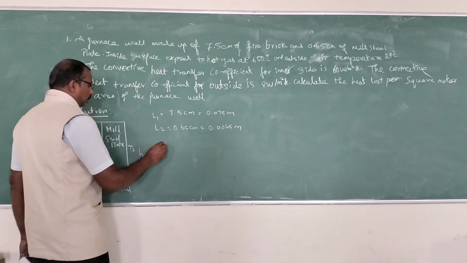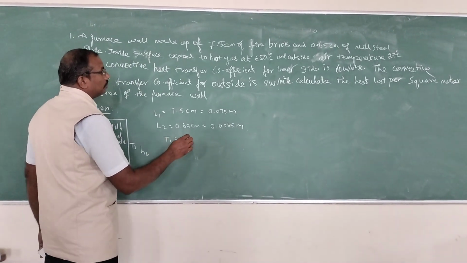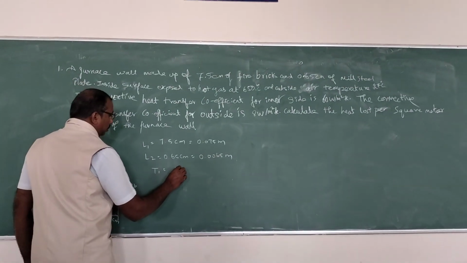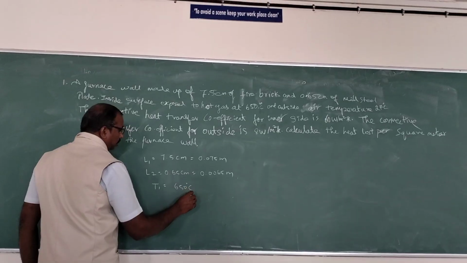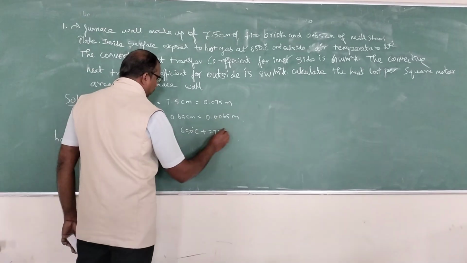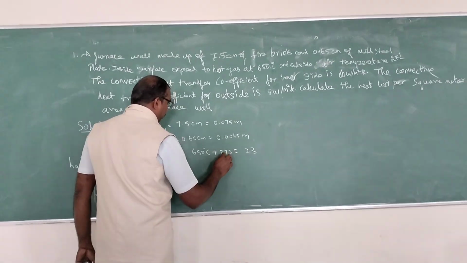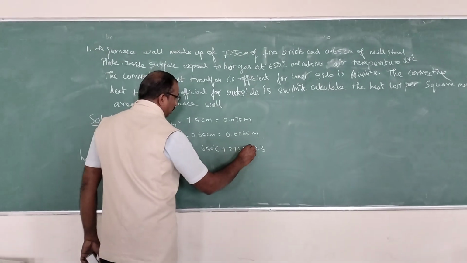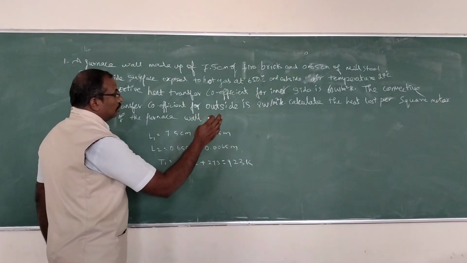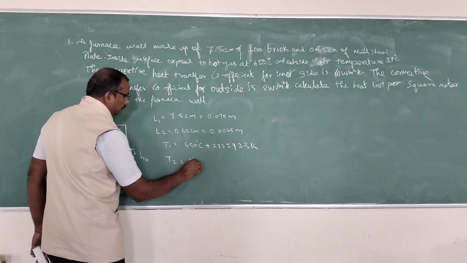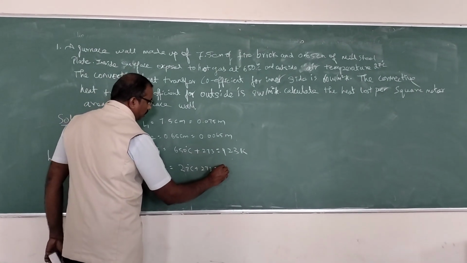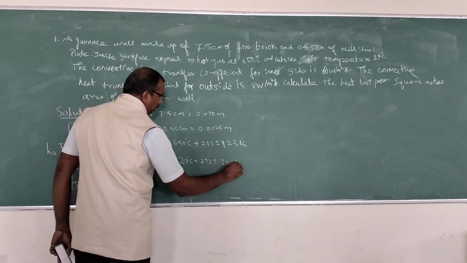And temperature T1 equal to 650 centigrade. To convert to Kelvin, add 273, which gives 923 Kelvin. Then T3 equal to 27 degree centigrade plus 273 equal to 300 Kelvin.